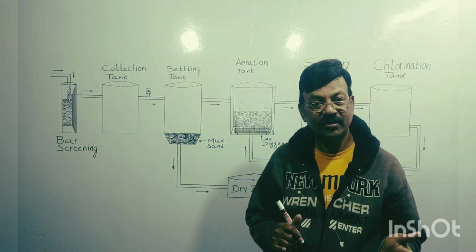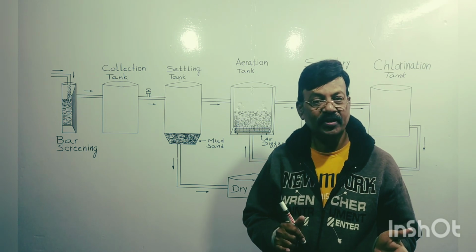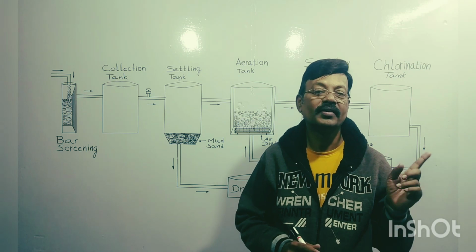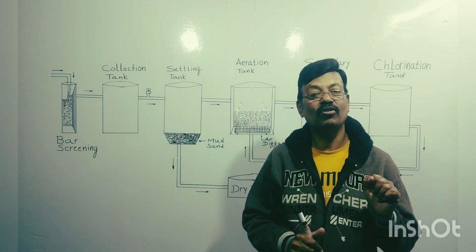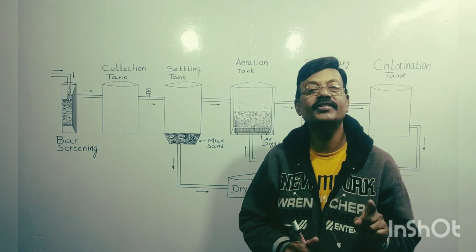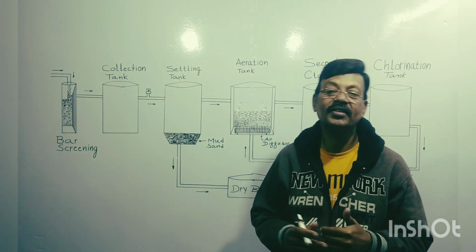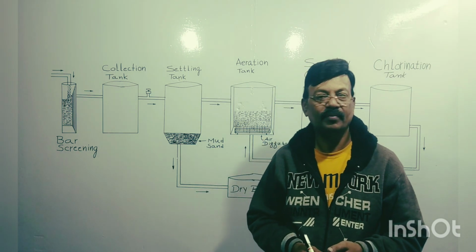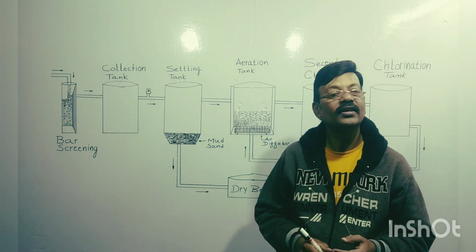Now, what is the treatment? I have already explained. Treatment of wastewater is nothing but removal of suspended solids from the wastewater. What are the suspended solids? Impurities and contaminants, many are there, I have explained already.